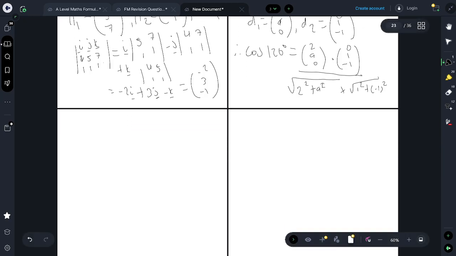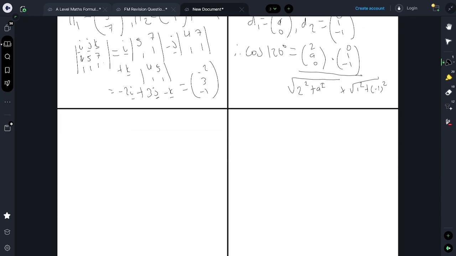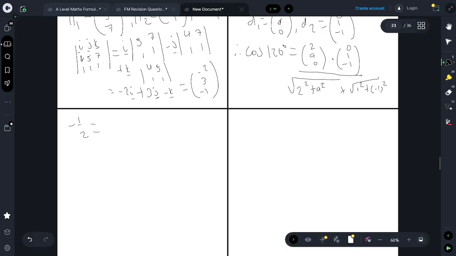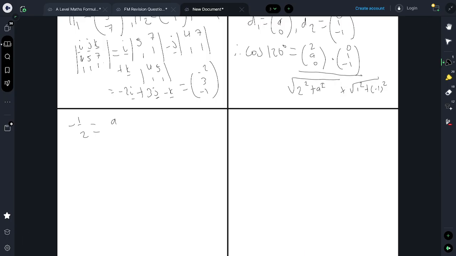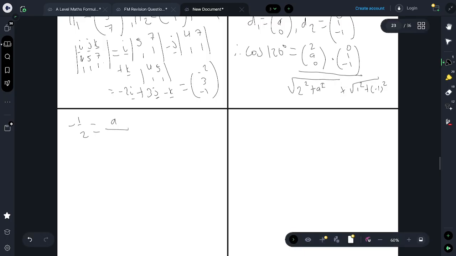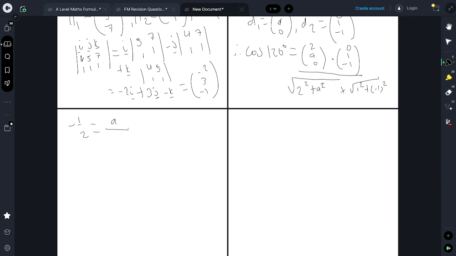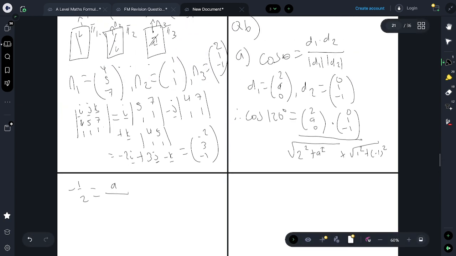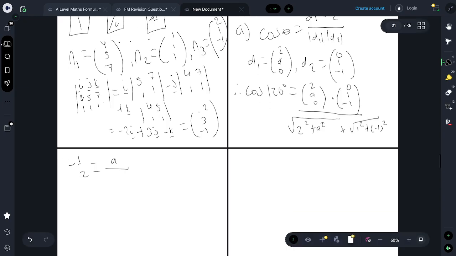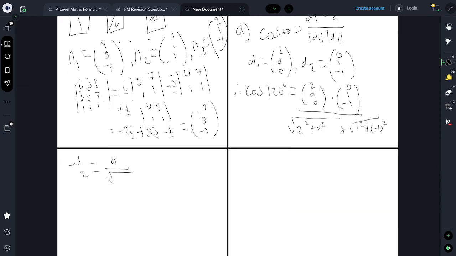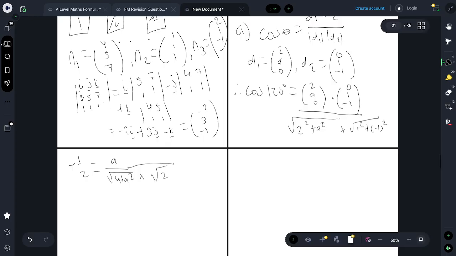And cos 120, in degrees by the way, is going to be minus a half. That's equal to the dot product: 2 times 0 is 0, a times 1 is a, 0 times -1 is 0. So that's a over root (4 plus a squared) times root 2.